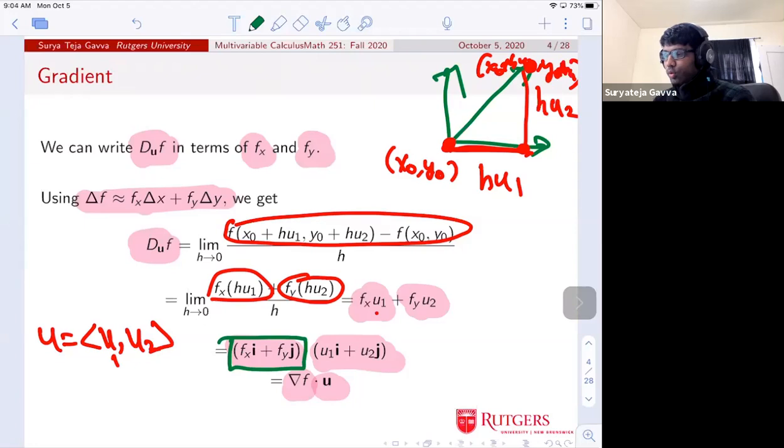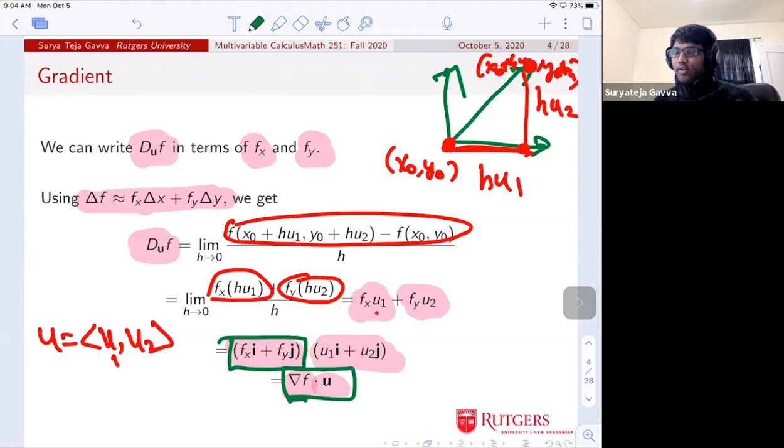So what this computation tells you is that the derivative of f along any axis can be written in terms of the partial derivatives along the x-axis and y-axis. Another way to say it is that if you write those partial derivatives as one vector, the formula for the derivative of f along an arbitrary axis is nothing but this partial derivative vector dotted with the vector that you care about.